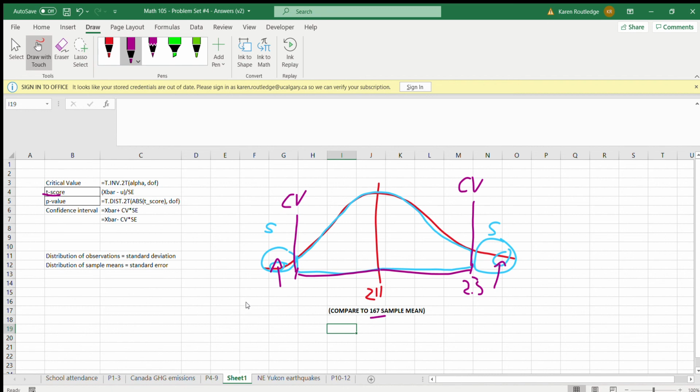In question number 7, we see that a sample mean of 167 is actually way over here at minus 5 point something. We'll just say it's minus 5.5. So this is minus 5.5 standard errors away from the mean. That's where our sample mean is.